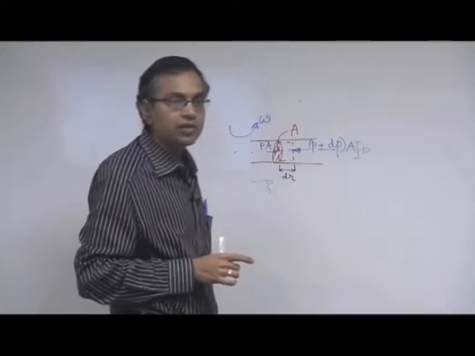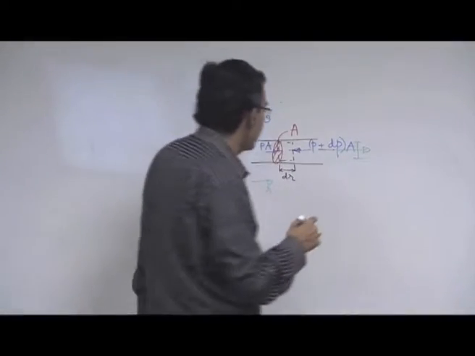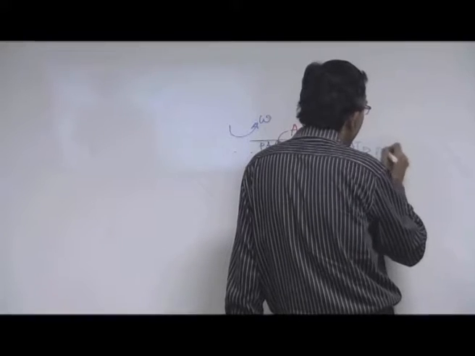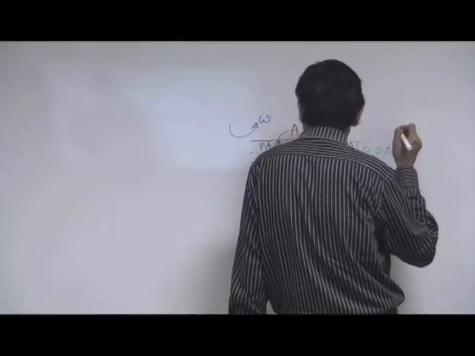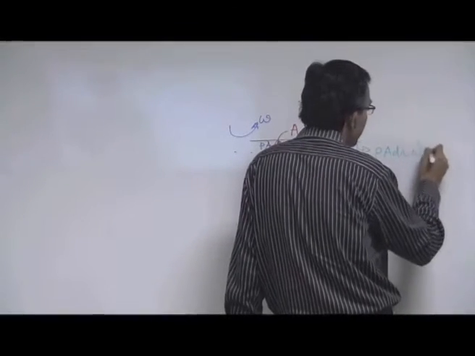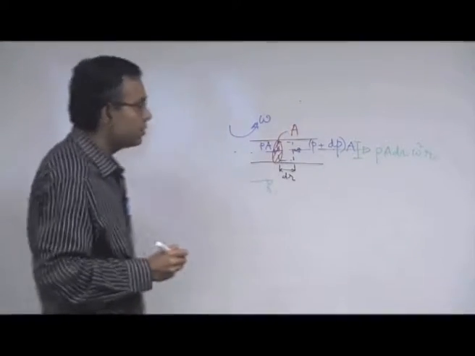So this is m omega square r, right. So m is rho A dr into omega square r, right.